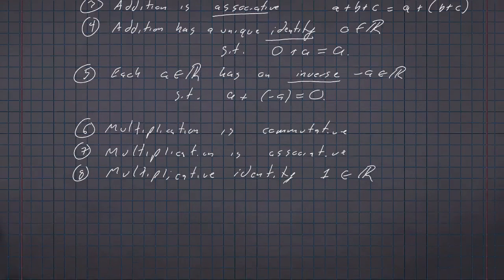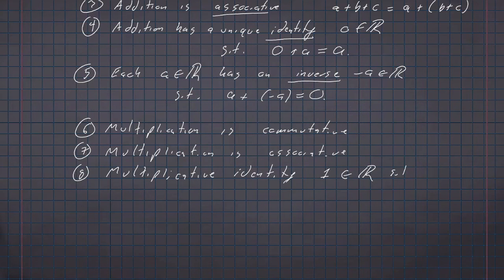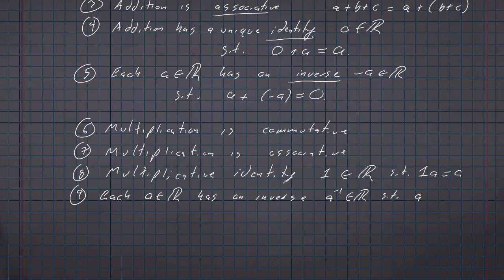There is an identity 1 in R such that 1 times A is A. Every element has an inverse, which we're going to write as A raised to the negative 1 power.